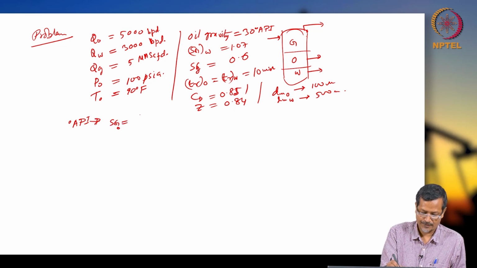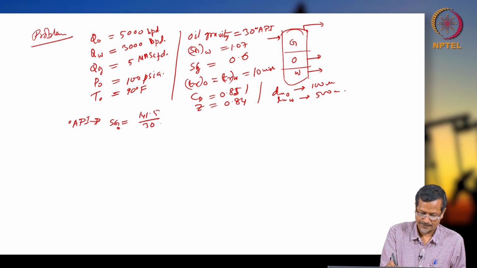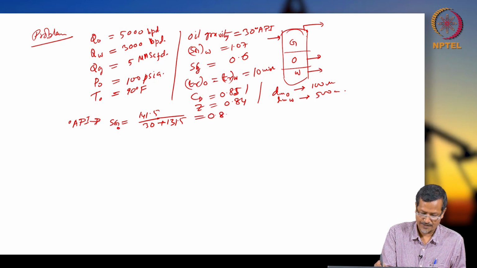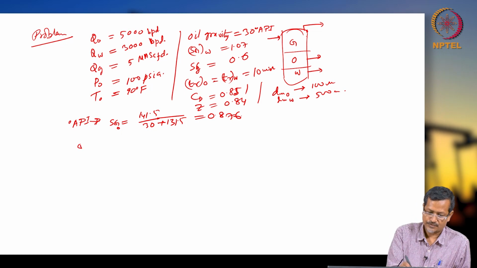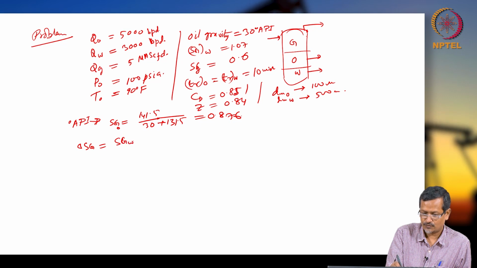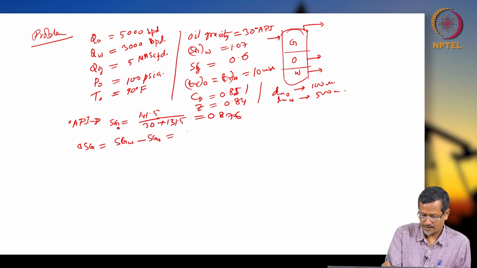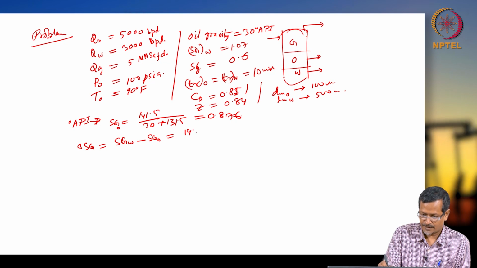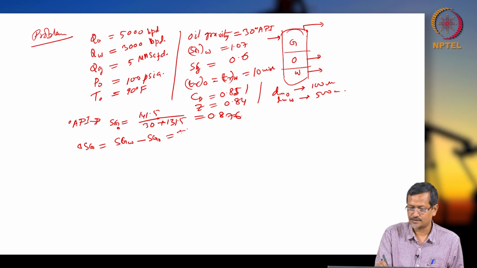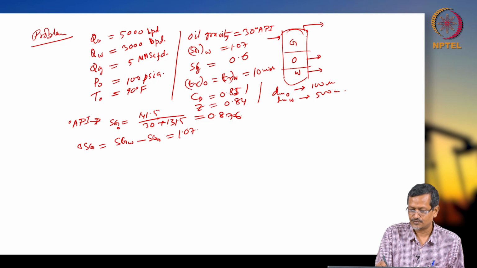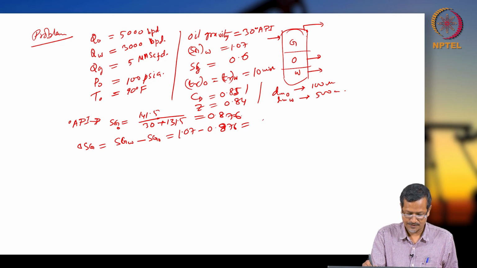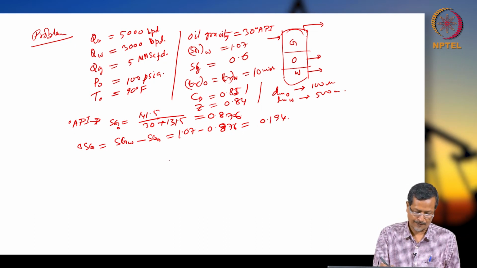Specific gravity of oil is 141.5 divided by 30 plus 131.5, so this gives 0.876. Then del Sg, Sg water minus Sg oil: Sg water is given 1.07 minus Sg oil, which we already got as 0.876, so it is coming 0.194.